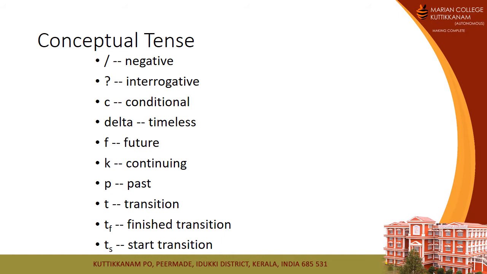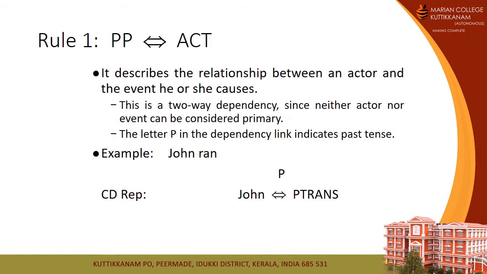Question mark is used for interrogative. C is used for conditional. Delta is used for timeless. F is for future. K is continuing. P is past. T is transition. TF is finished transition. TS is start transition. So these are the conceptual tenses used in a conceptual graph.